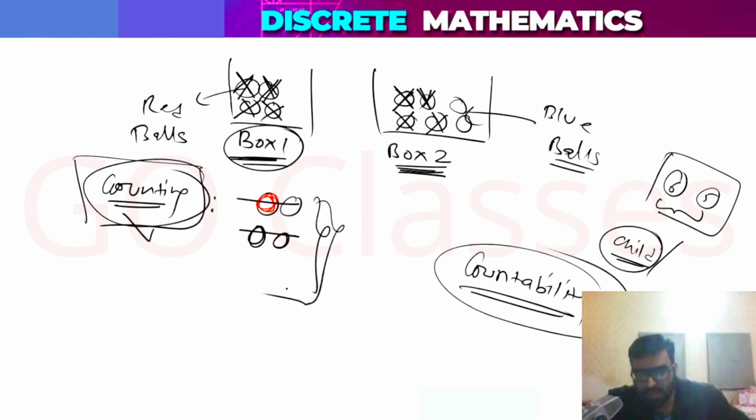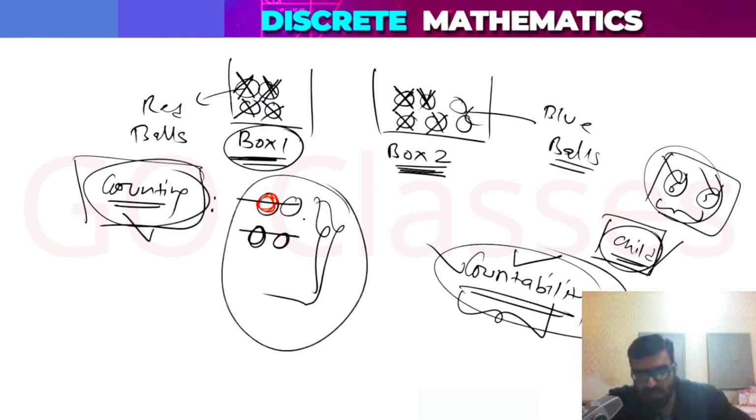Let me tell you, an illiterate person or a child who does not know these numbers knows countability better than us. You will be surprised, because in this simple principle we are basically putting elements from this set and elements from this set in one to one correspondence.